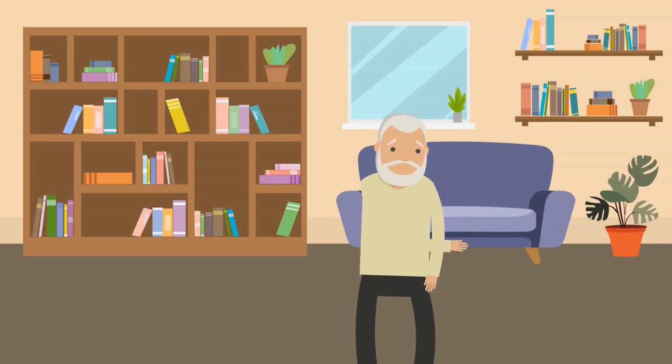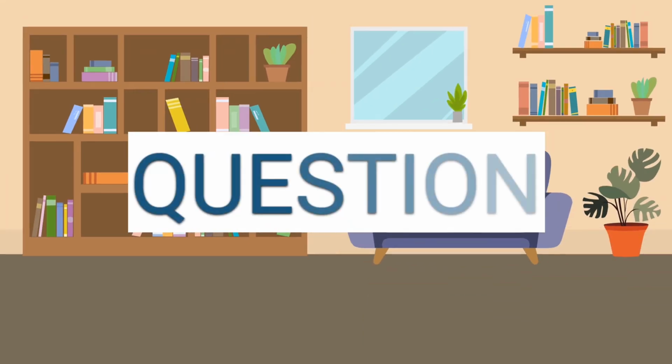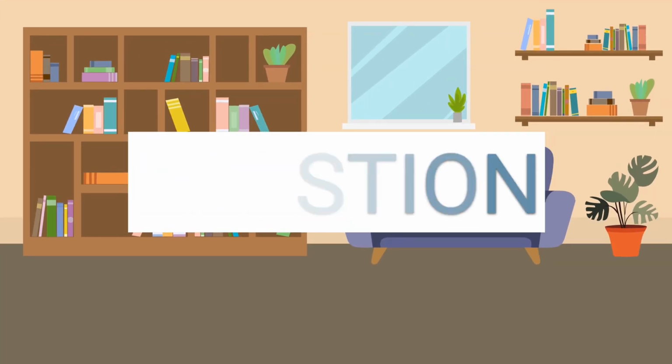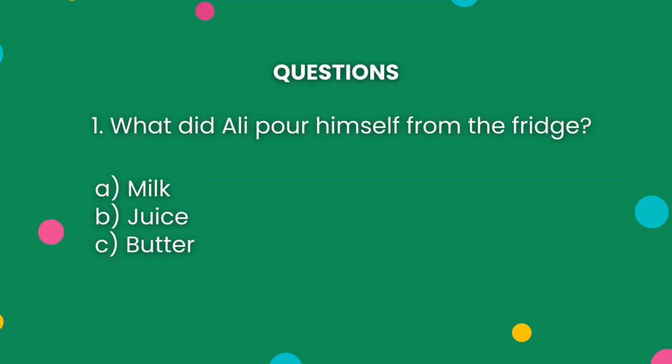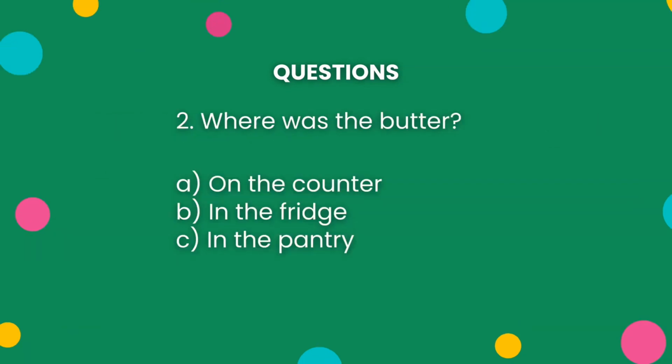Let's see how well you understood the story. Question. 1. What did Ali pour himself from the fridge? 2. Where was the butter? 3.